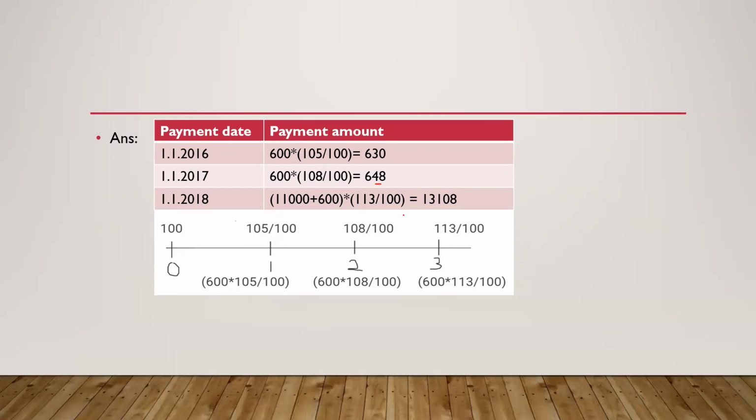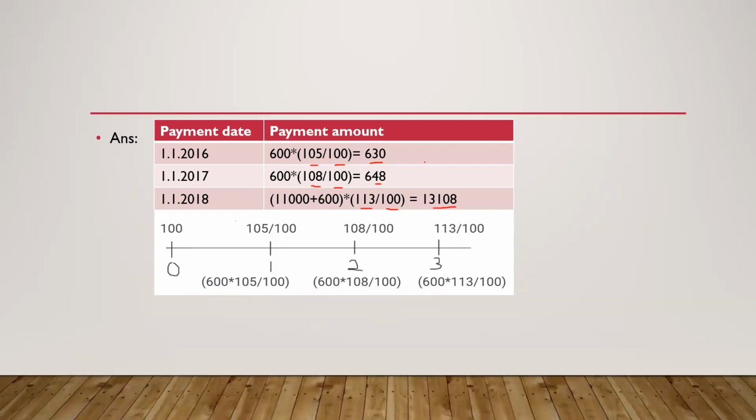And similarly, we'll do for 2018, the same thing. But for 2018, you will calculate the index even for the redemption amount, because that is the final year. So that will add 11,000 plus 600 multiplied by 113 by 100. So note one thing, the nominal value which is multiplied by the inflation adjusted rates will give you the real value in this case.